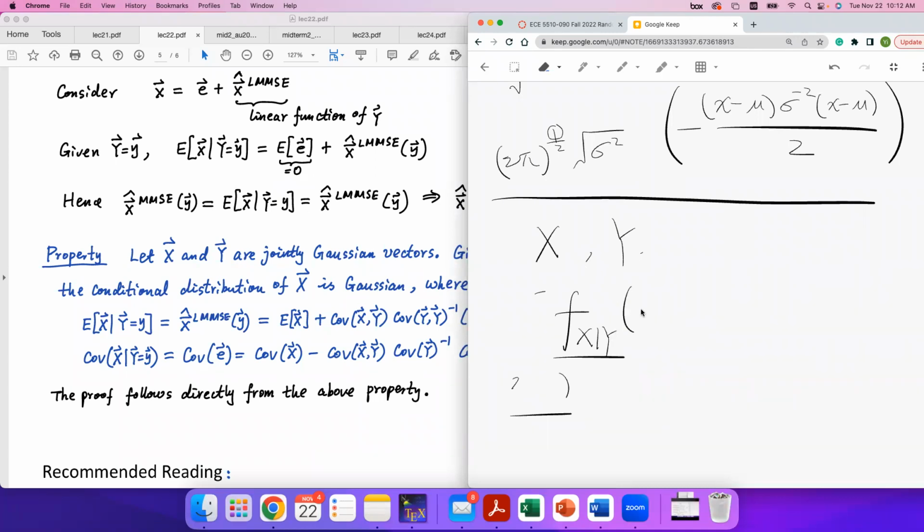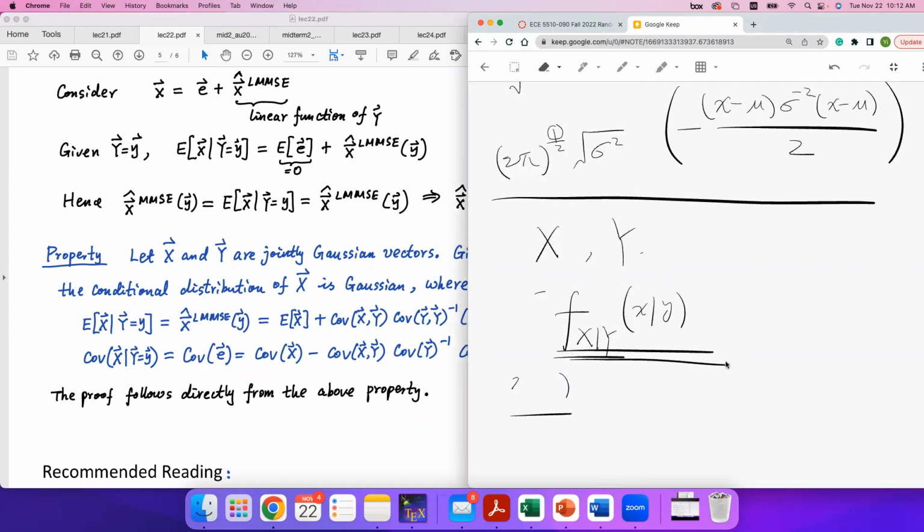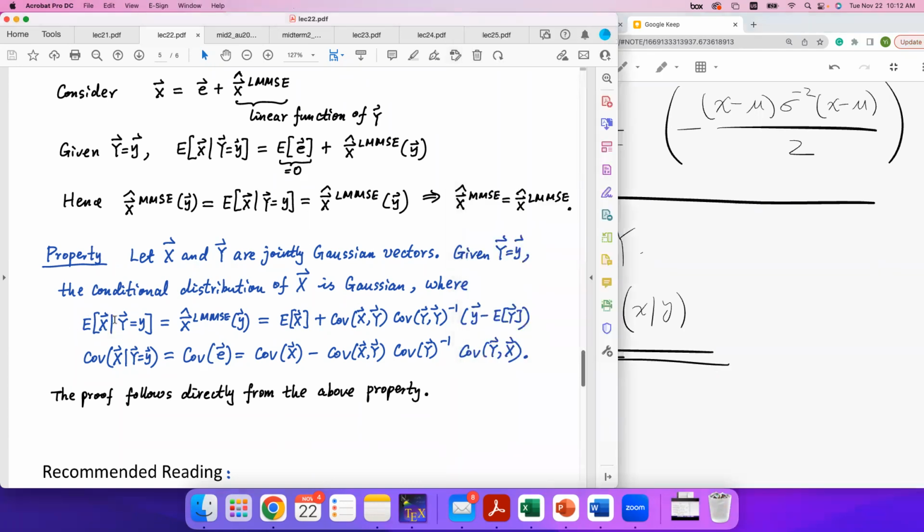This is the one-dimensional case, and for this PDF we have the formula in the one-dimensional case. You can check the previous slides, but it is exactly the same as what we have here.